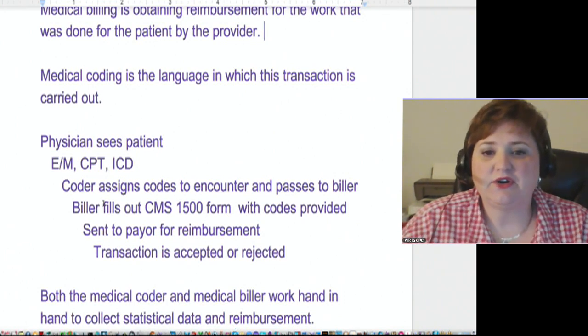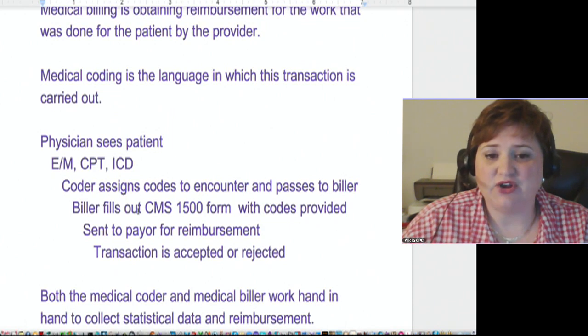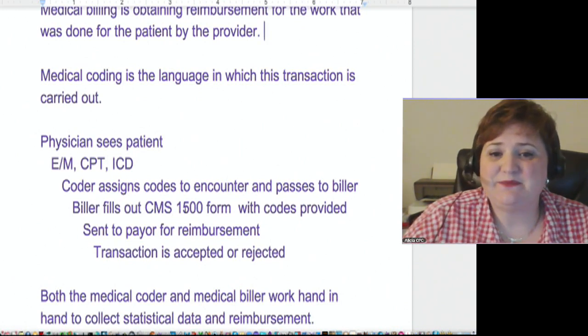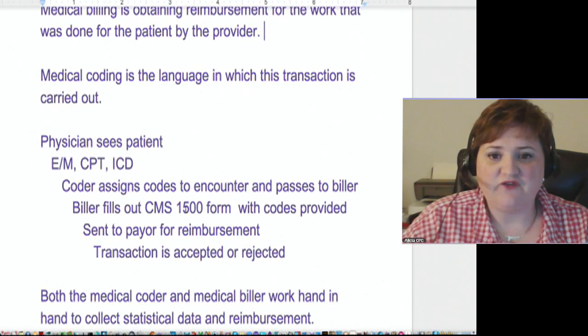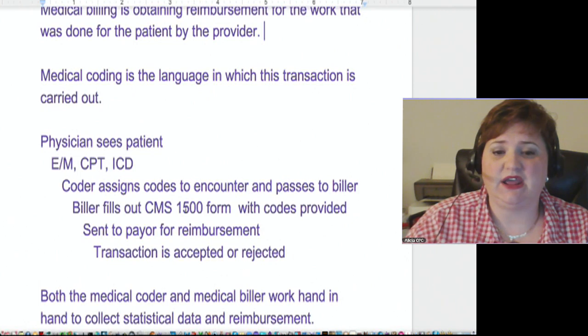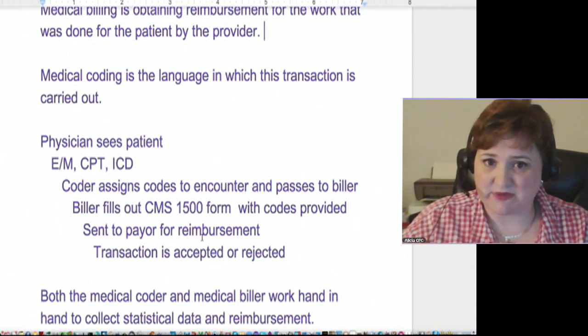The biller then takes those codes, which would be a CPT code for the evaluation and management, and let's say the two diagnosis codes, 250.00 and 401.9, puts those on the CMS 1500 form and fills out all the patient's pertinent information, the insurance information, and demographic information, and then that is sent to the payer for reimbursement.